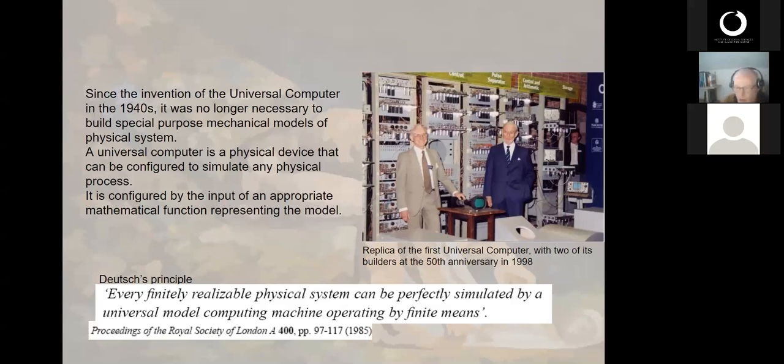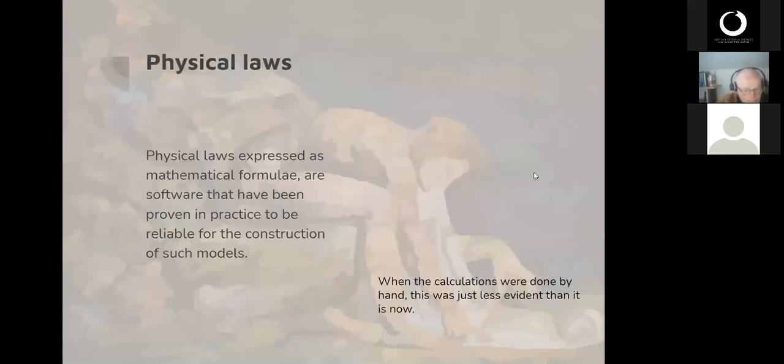But Deutsch goes beyond that and shows that the possibility of having universal computing machines is itself predicated on the laws of physics. If the laws of physics were not what they were, you wouldn't be able to construct any kind of computation system, whether it be a Turing machine or a person with pencil and paper.